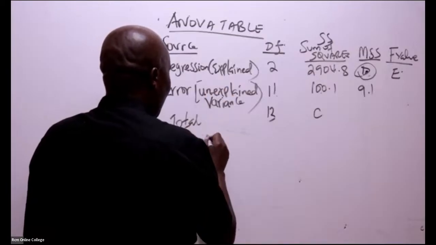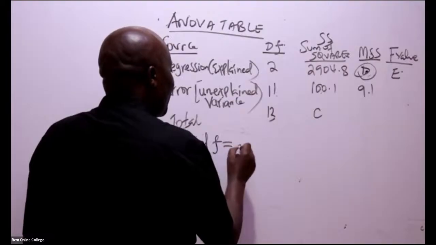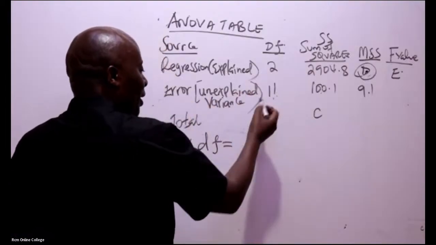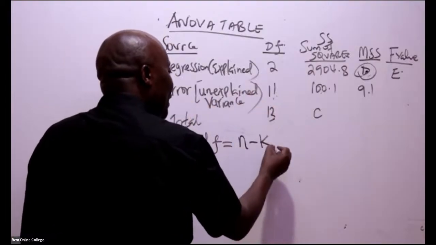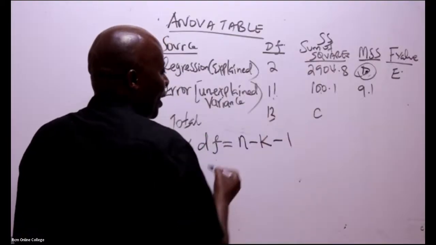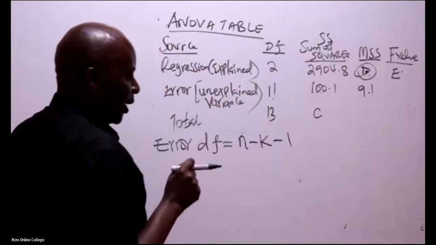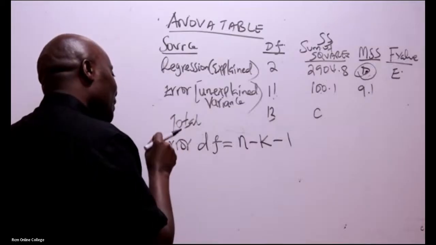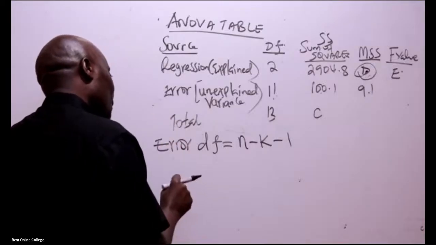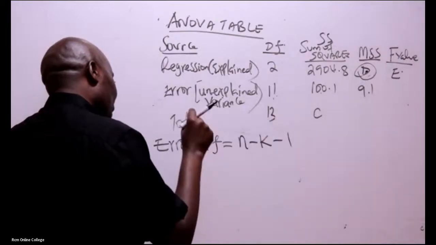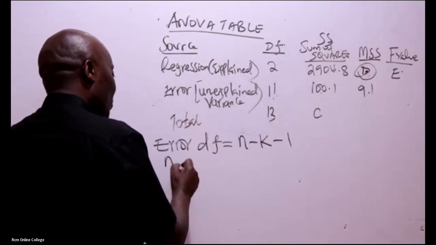So error degrees of freedom. To get these error degrees, these ones say 11. Normally we take n minus k minus 1. Anytime they tell us to get error degrees of freedom, we shall be taking n minus k minus 1. N is the sample size.